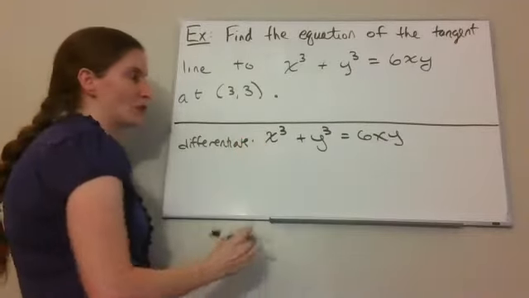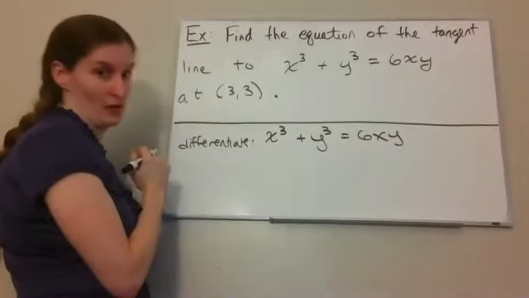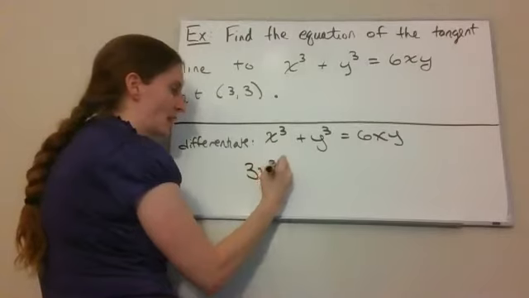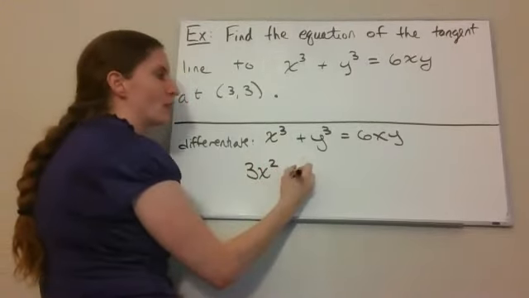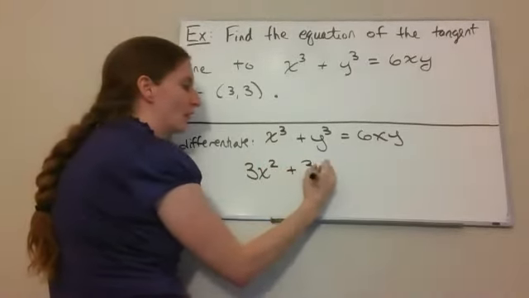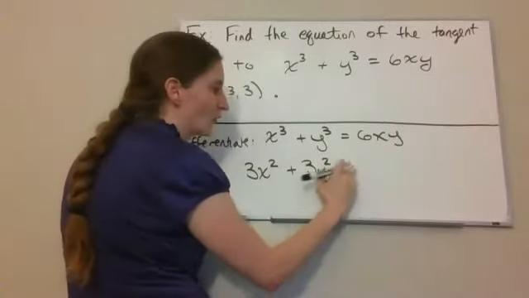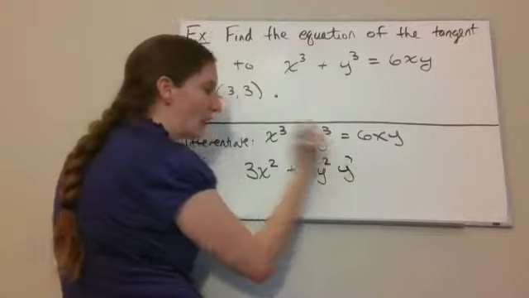This one is a little bit trickier because of the right side of the equation. On the left side though, I'm going to get 3x squared. Derivative of y to the third is 3y squared, and don't forget your dy dx or your y prime, and I'll use y prime this time.